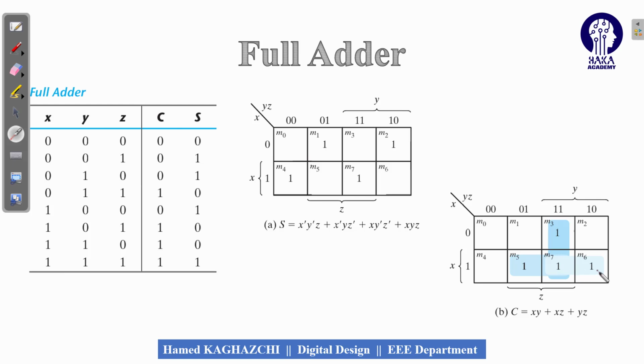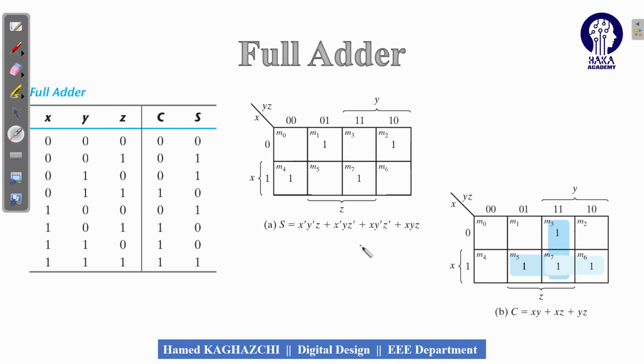If we write all of the ones, we can see that we will have 3 groups, 2 by 2. We make a group. So for this one, we will have XZ. For these two, we have XY. For these two, we have YZ.